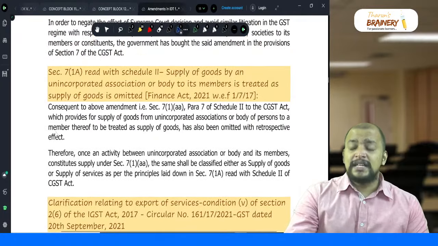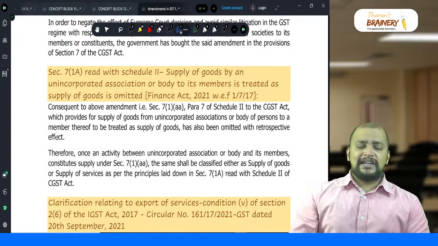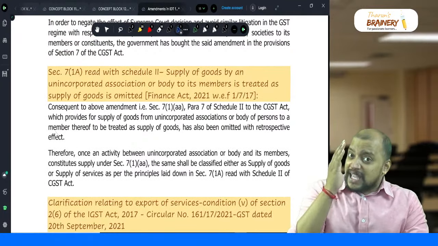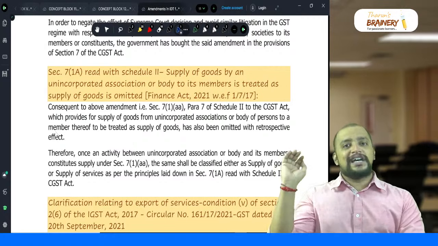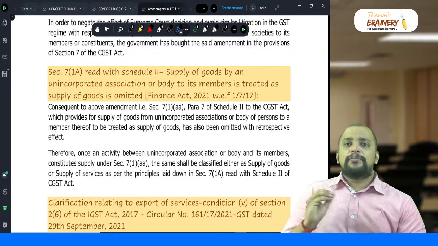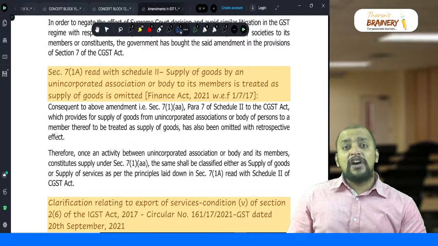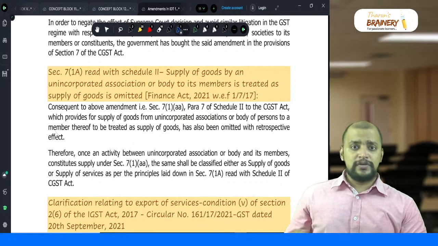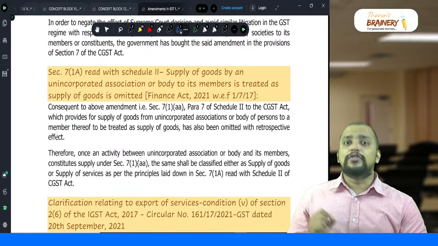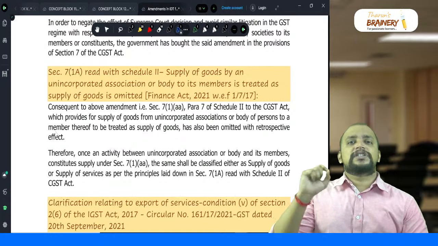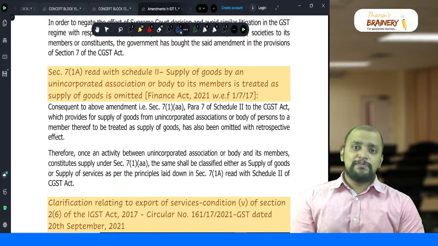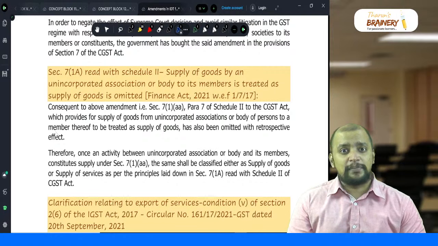Section 7, subsection 1, clause A deals with what? Classification of supply into goods or services. In that, one point is given: supply of goods. Any provision of goods by a club, association, or society to its members will be treated as supply of goods.